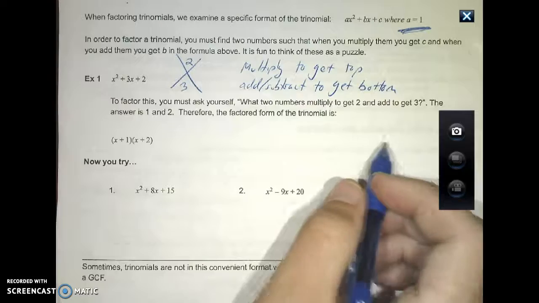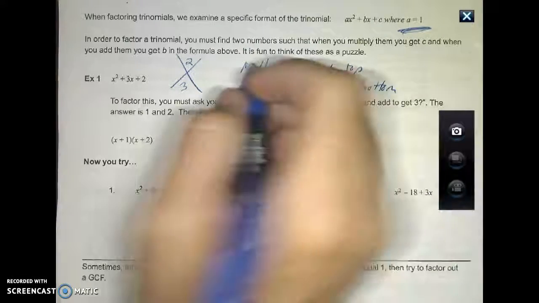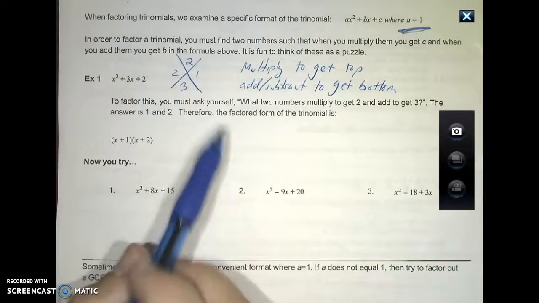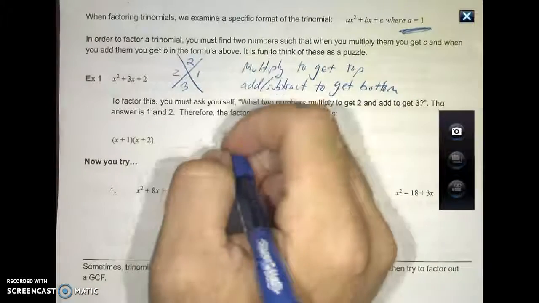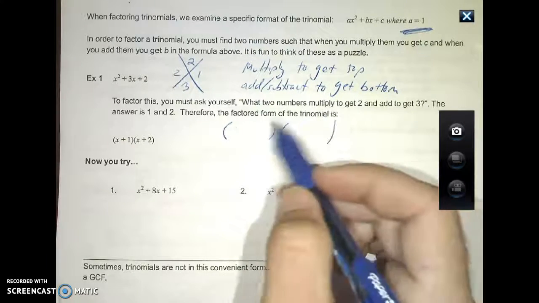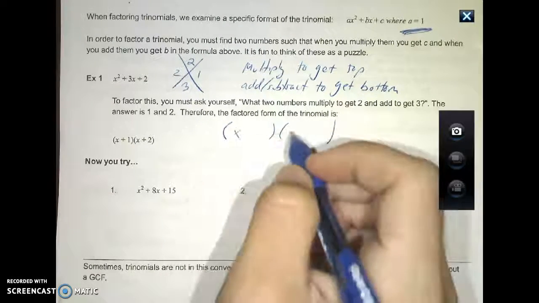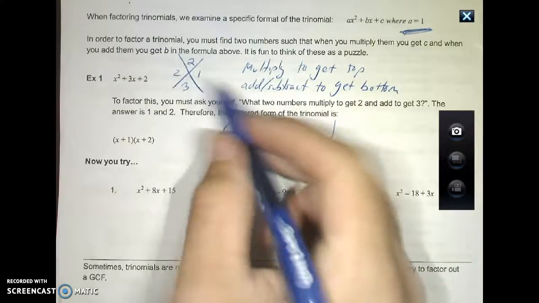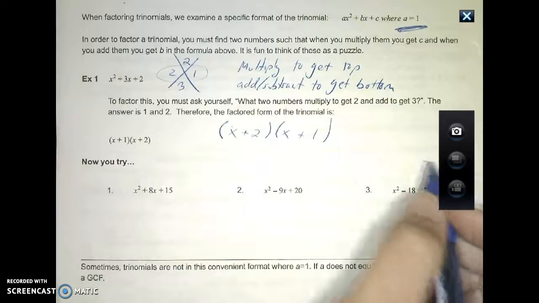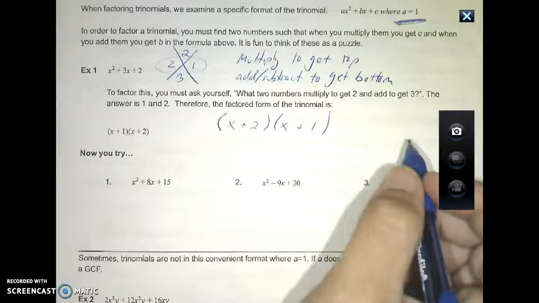Numbers that multiply to give me 2 are 2 and 1, and they will add to 3. So then I make my two sets of parentheses. The first terms are x and x, and then these two numbers are what you put beside them: plus 2, plus 1.